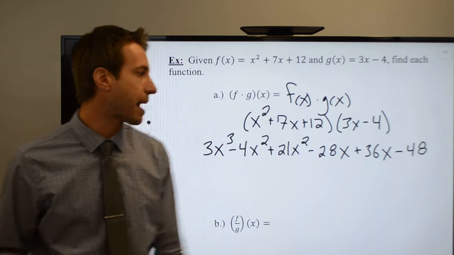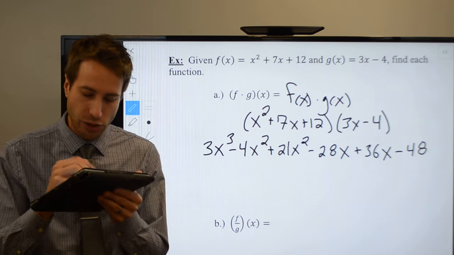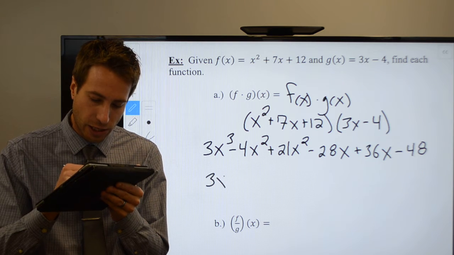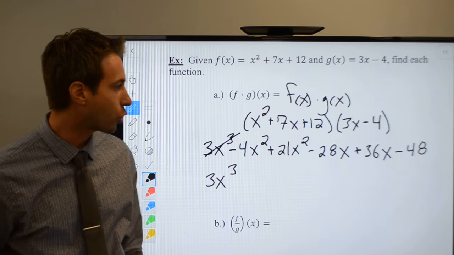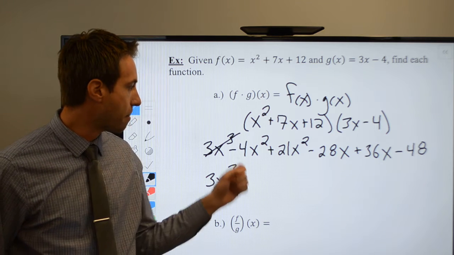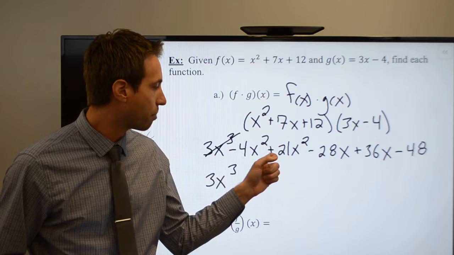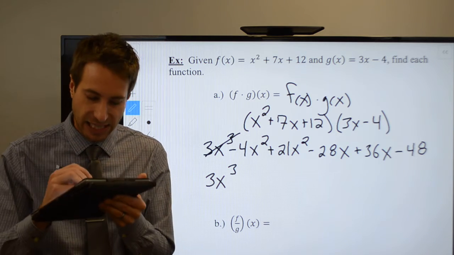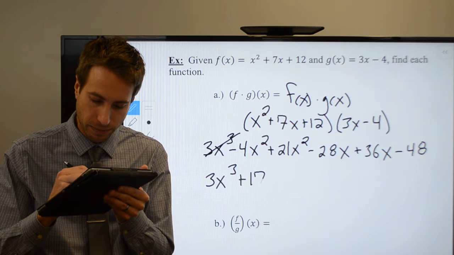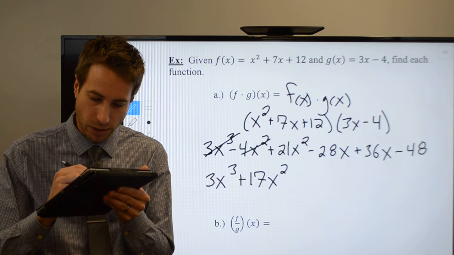All right, all we got to do is combine like terms, cross them off as you use them. 3x cubed is the only guy I've got that's cubed. My squareds, let's see what I've got. I have a minus 4x squared and a plus 21x squared, so that should leave me with positive 17x squared. Cross those guys off.